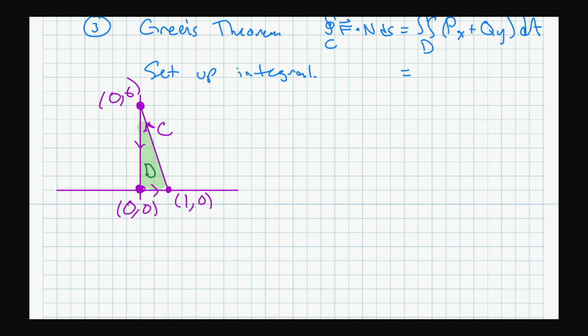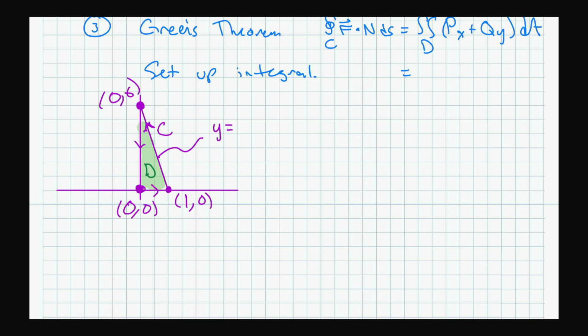Now, we are going to have to set up this integral. It is not going to be a difficult double integral to set up, but you are going to need to know the equation of this piece of the boundary. So you'd have to figure out the equation for this line.